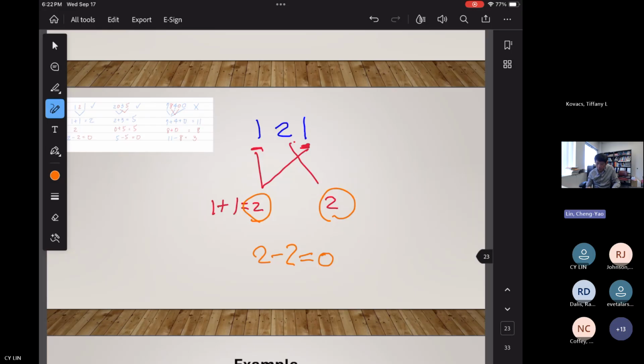So therefore, yes, 0 is divisible by 11. So 121 is divisible by 11.